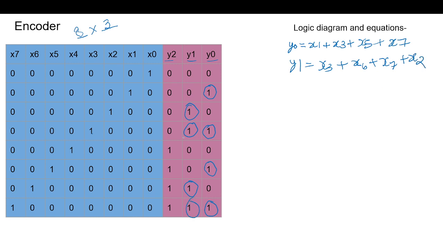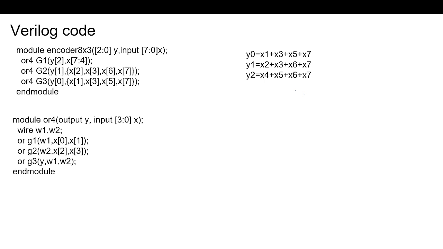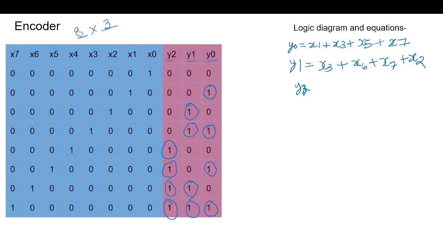And then y2 is 1 when it is from 4 till 7, so y2 is 1 from x4 to x7.